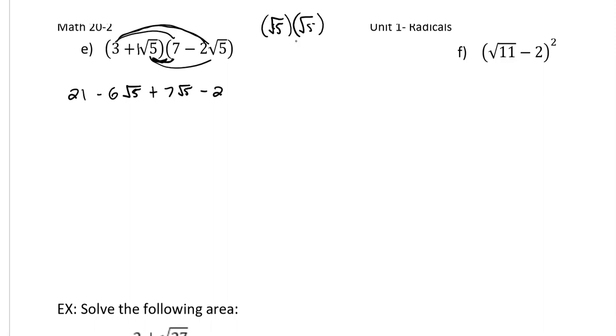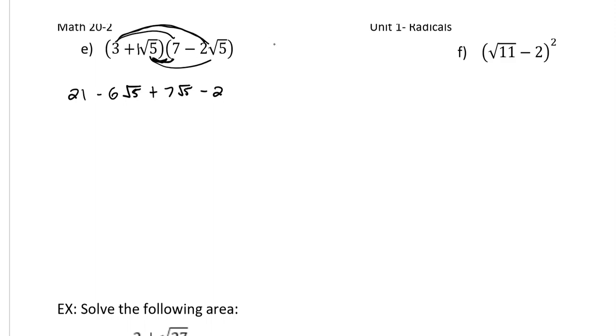Some students like to do this. They'll say, okay, well, that is root 25. Totally true. That is root 25. You can follow the same rule, and the square root of 25 is 5. Do you see that we just ended up with the same number again? It's just 5. That'll always be the case when you multiply the square root of something times itself.